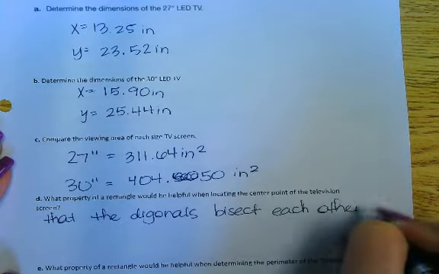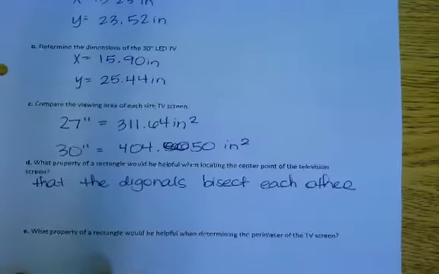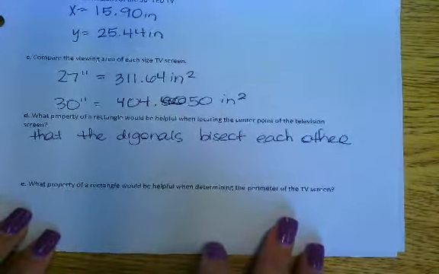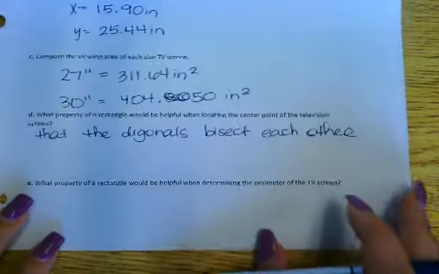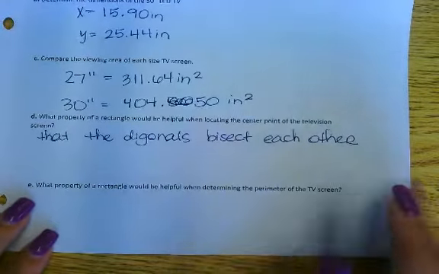And last but not least, letter E. What property of a rectangle would be helpful in determining the perimeter of the TV screen? Very good, that opposite sides are congruent.